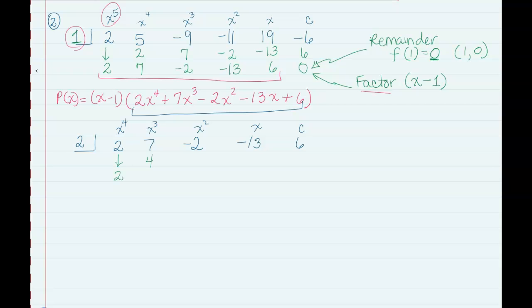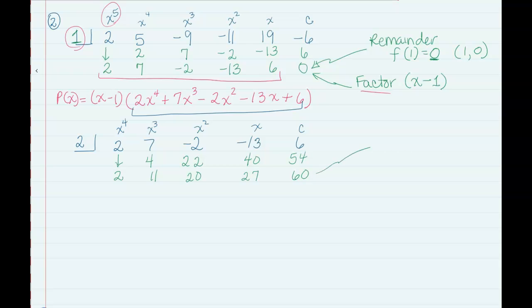We're going to bring down the 2. Multiply, I get 4. Add, I get 11. Multiply, 22. And I add, I get 20. When I multiply, I get 40. When I add, I get 27. Multiply, this is going to be 54. And when we add, it's a 60.